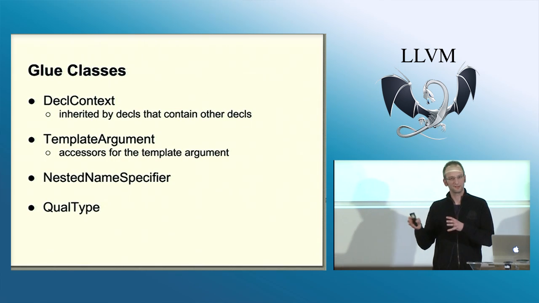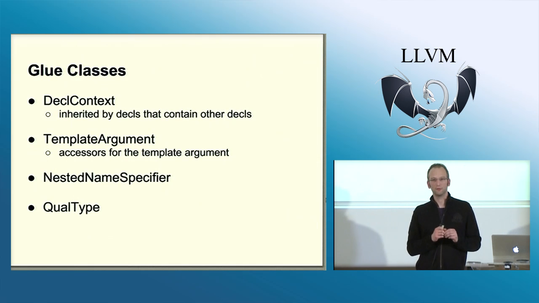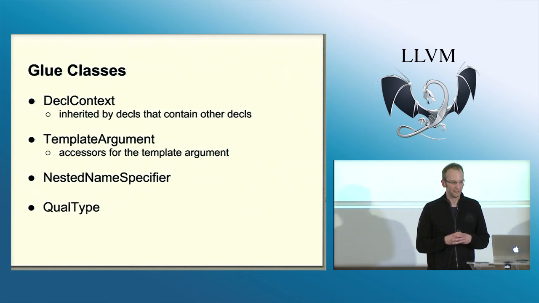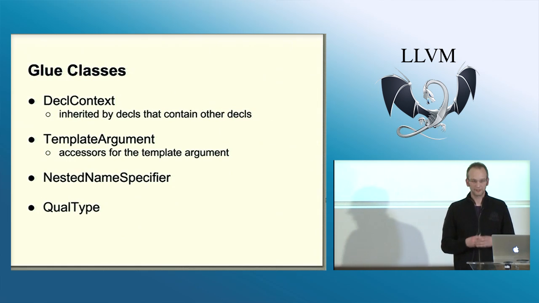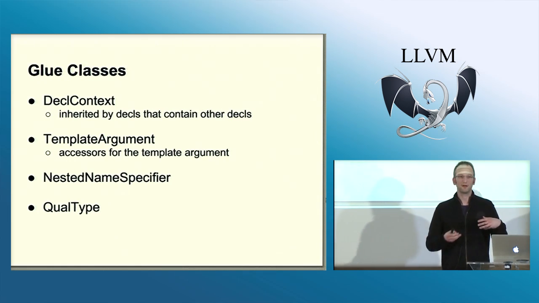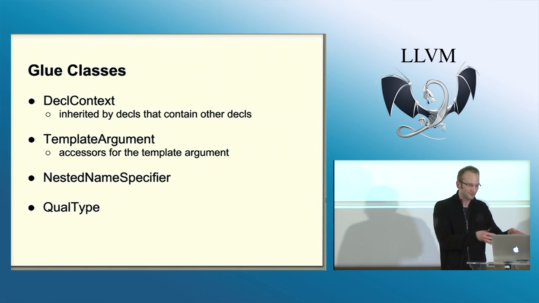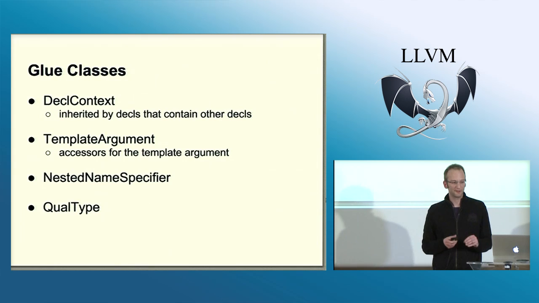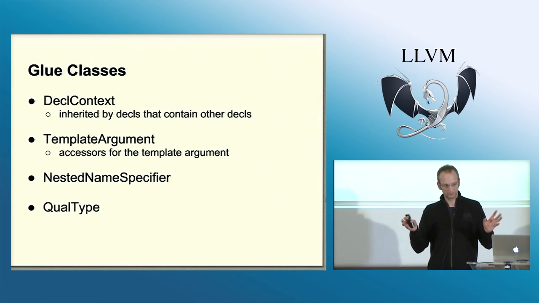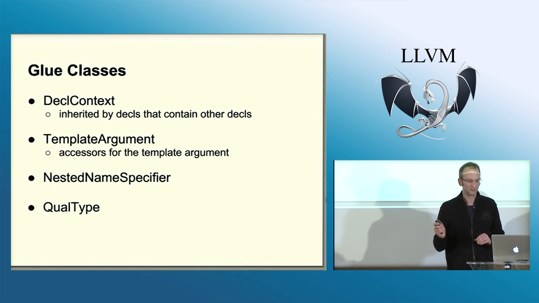For example, DeclContext is something that some of the declarations inherit from if they can contain other declarations, right? Template arguments can be different types of nodes. Nested name specifiers model certain kinds of a declaration or something, right? And qual types we will see in more detail in a moment when we look into types.